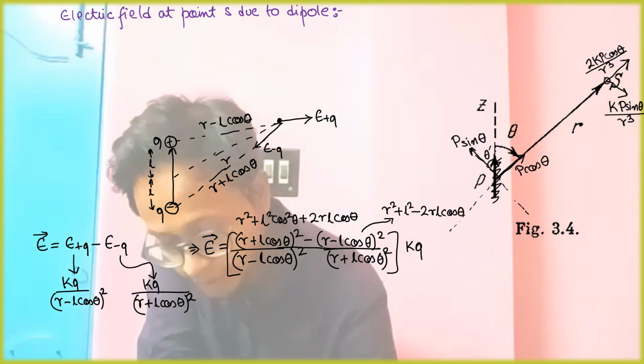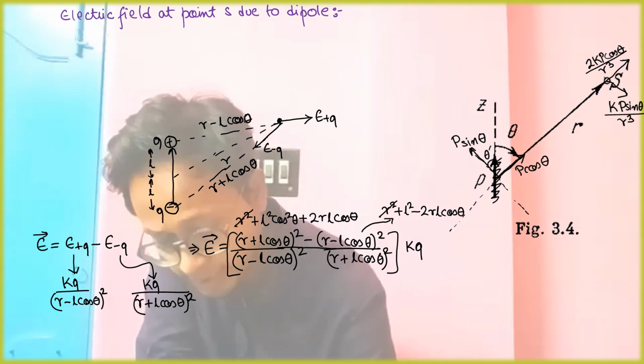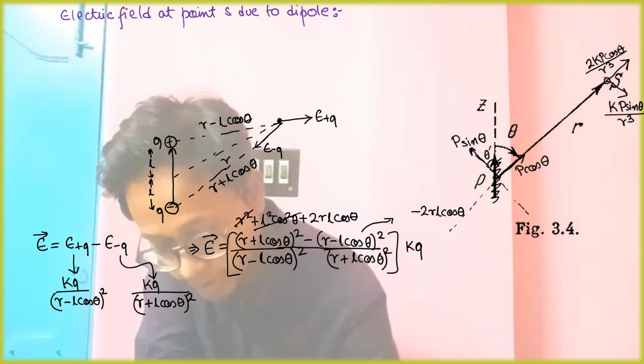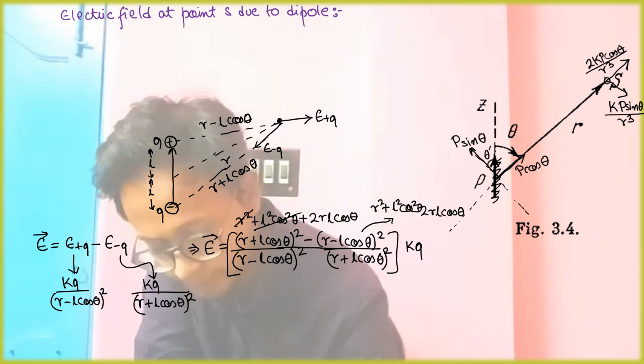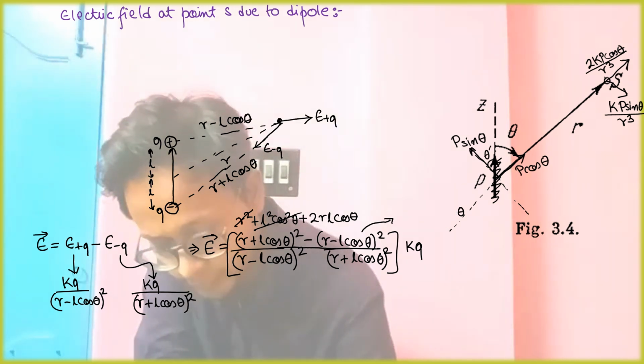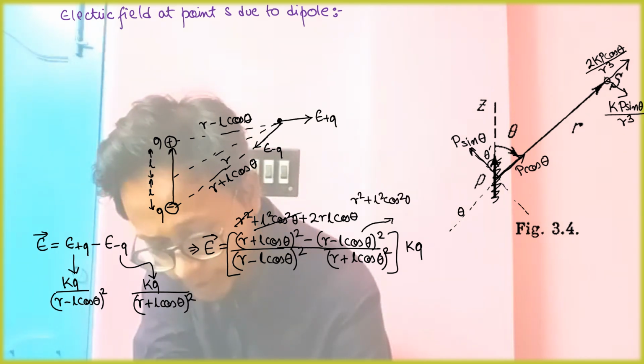So this r square and this r square would get cancelled. See, I've written a little bit wrong out here. It should be r square plus L square cos square theta, minus 2rl cos theta.